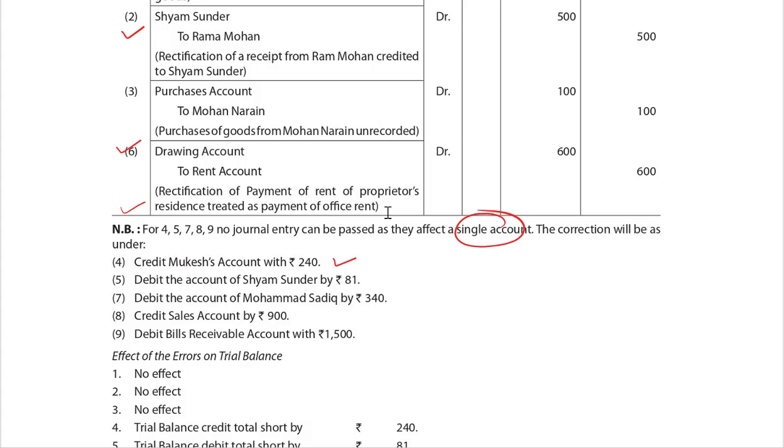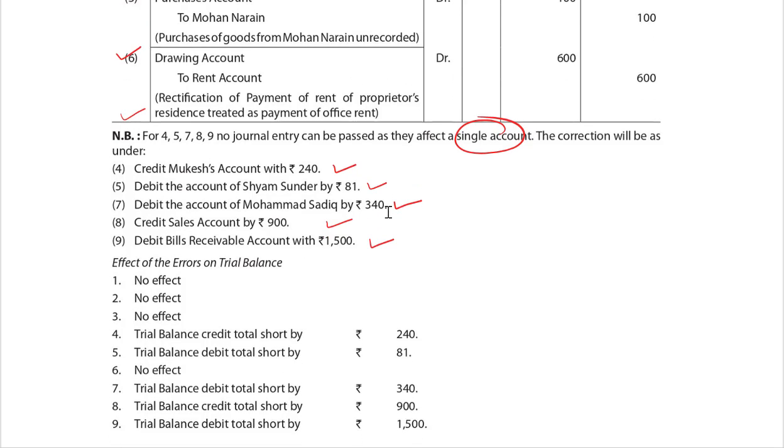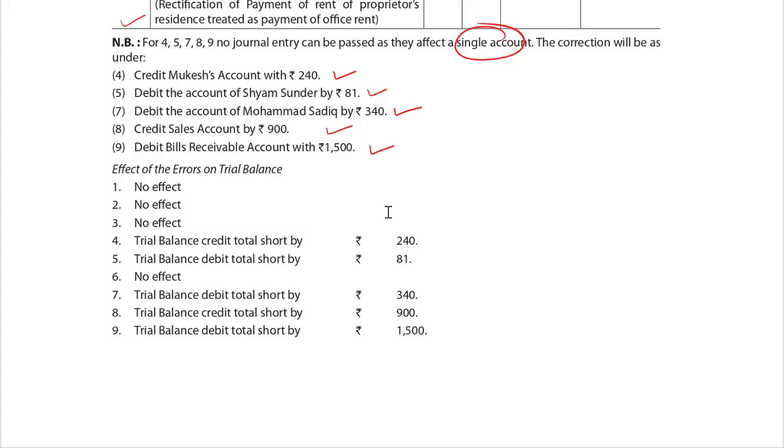Credit Mohan by 250, debit Shyam Sundar 81, debit Muhammad Sadiq 340, sales credit 900 and bills receivable debit 1500. Effect of the errors on trial balance. It is set off, so no effect. Over here also no effect, and over here just see it properly.